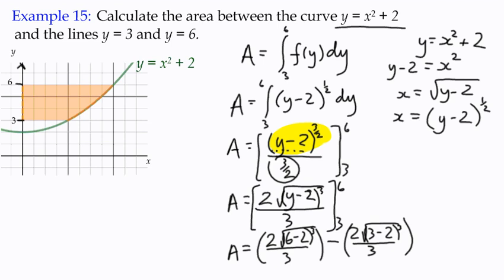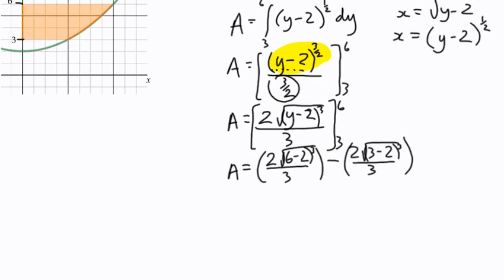It looks a wee bit nasty, but it's about to work out. It's super nice because 6 minus 2 under that first square root sign is 4. The square root of 4 is 2, and 2 cubed is 8. So that just becomes 2 times 8 over 3. And the second term becomes 3 minus 2 is 1.